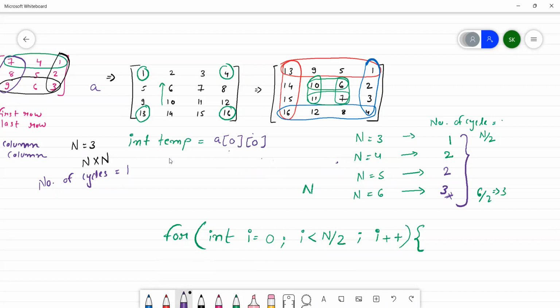Now, what should come in place of A of 0, 0? Can anyone tell me? 13. So now your A of 0, 0 should be equals to A of 3, 0. Thank you, Shekhar.